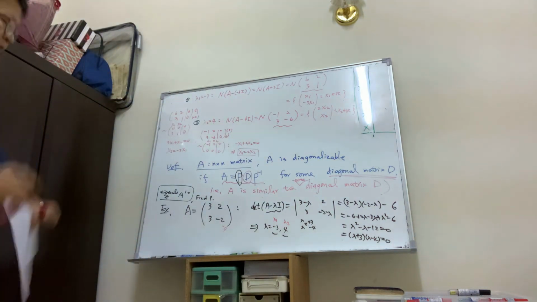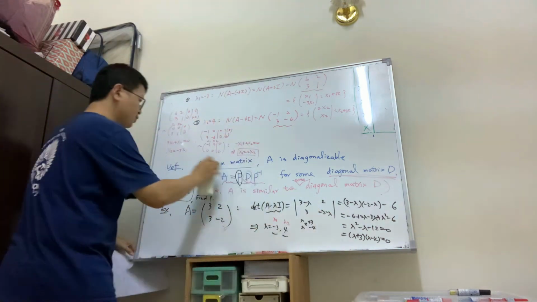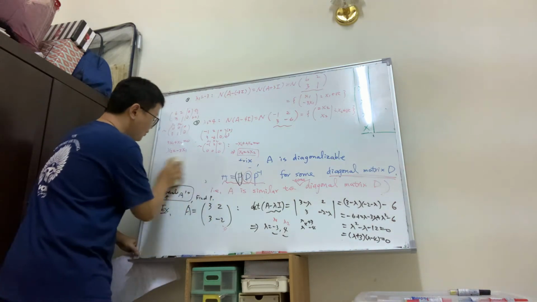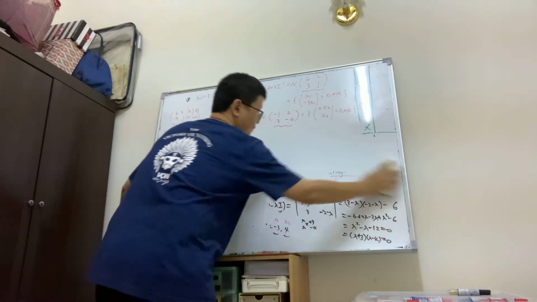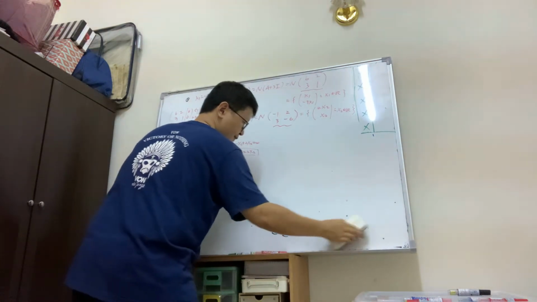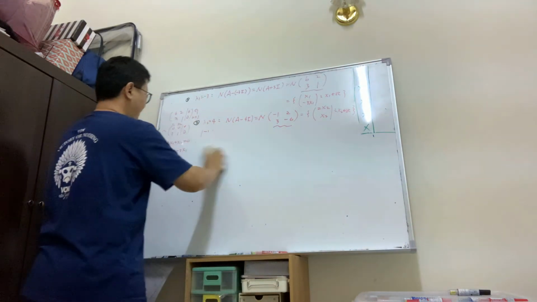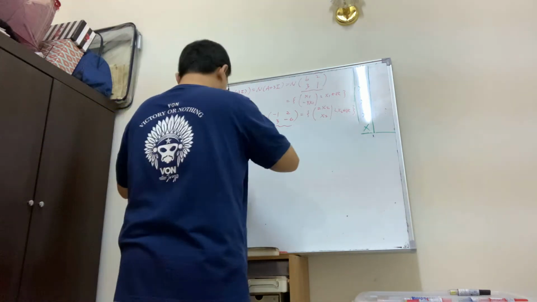So for this part, you should pay more attention here. We want to have the form. And here I erase it. Okay, so for this part, you could view it this way.